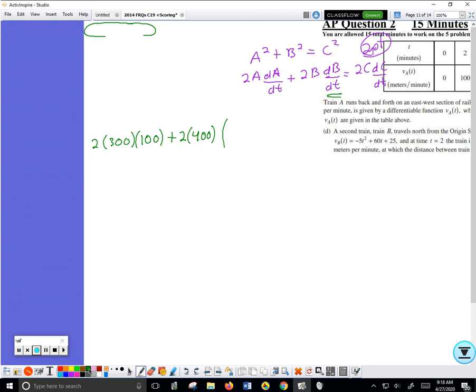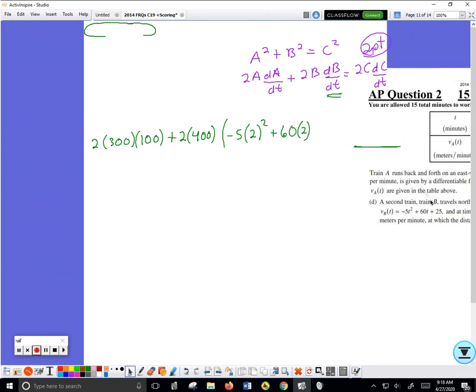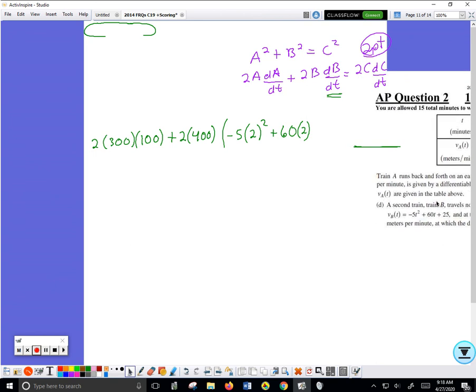So I have minus 5, plug in 2, squared, plus 60 times 2. The key thing here is you don't have to do all these computations. They just want you to show that you understand the calculus. Plus 25, close parenthesis.